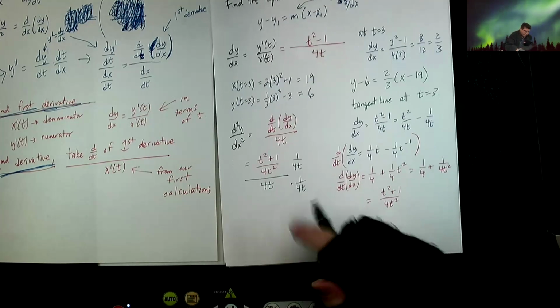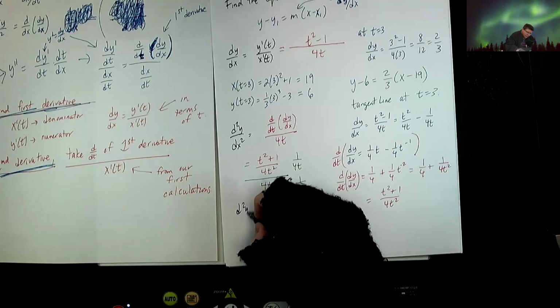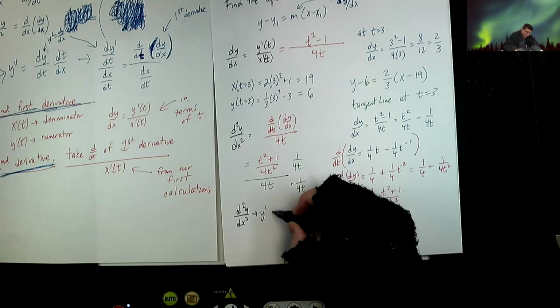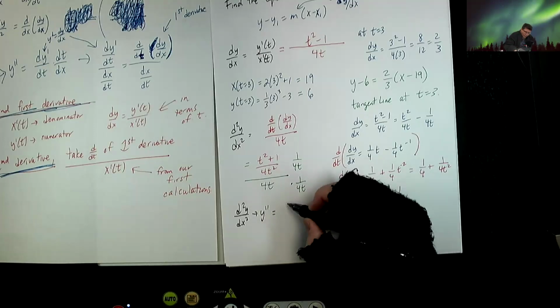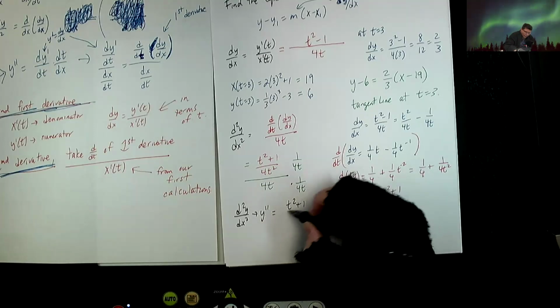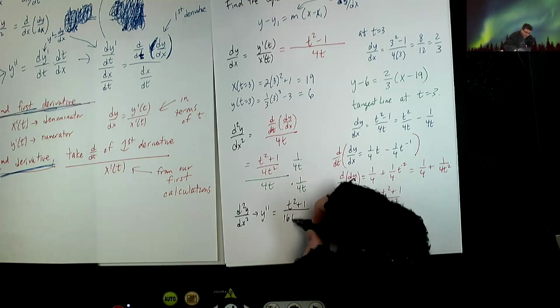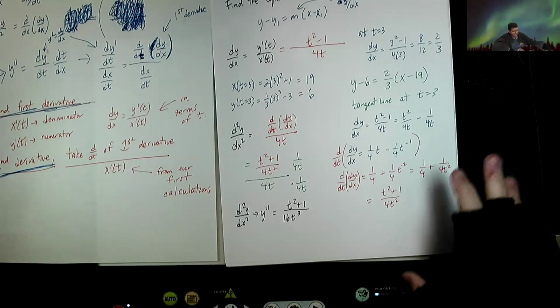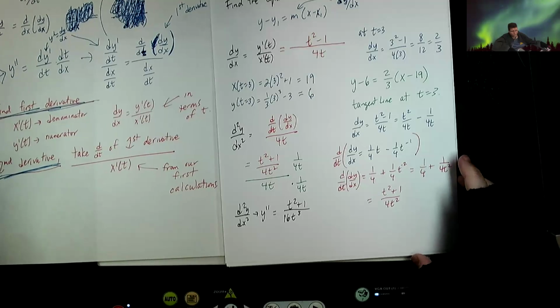I get our second derivative with respect to x, or y double prime, is t squared plus 1 over 16t cubed. That's just to give us some practice doing that.